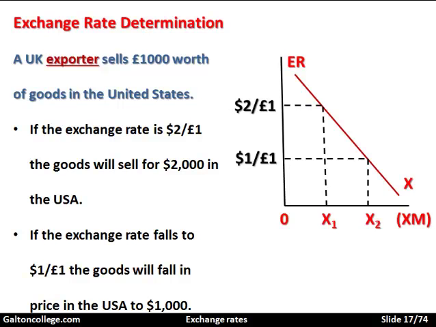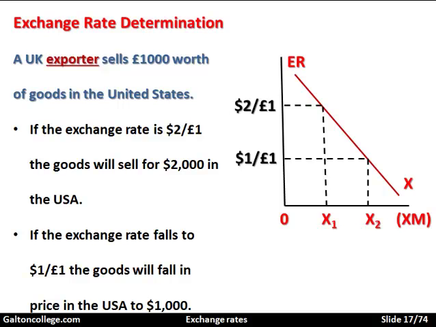Now if we look at that diagrammatically, at $2 to the pound, the top figure on the diagram, there was X1 exported. And when the exchange rate fell to $1 to the pound, goods in America became cheaper, the same goods, but a lot cheaper.